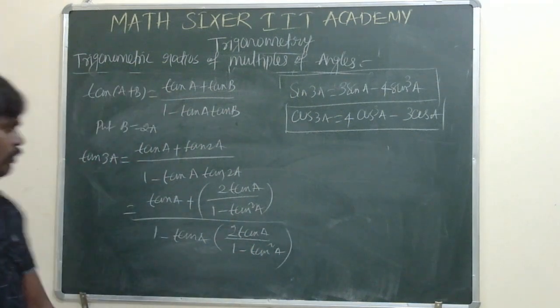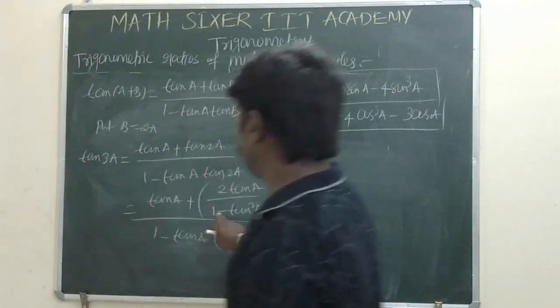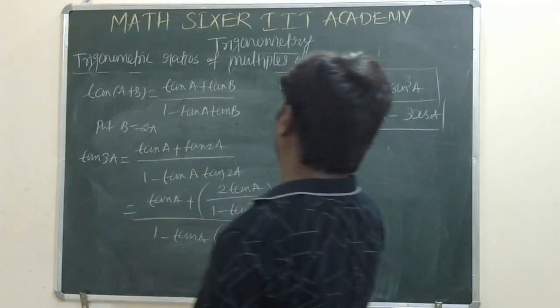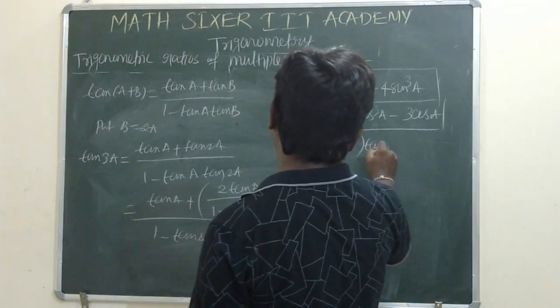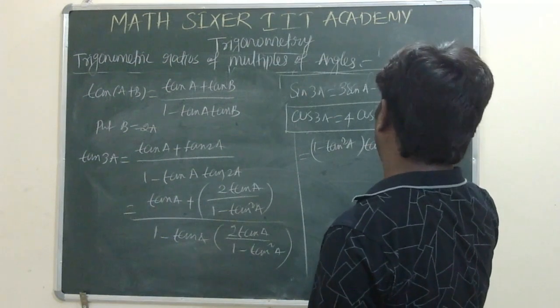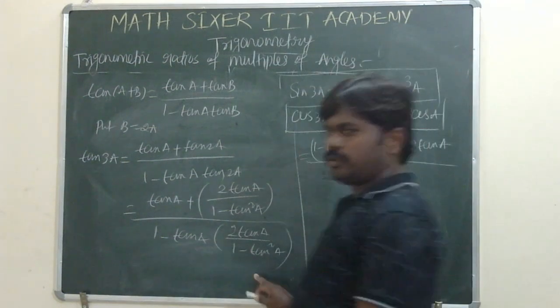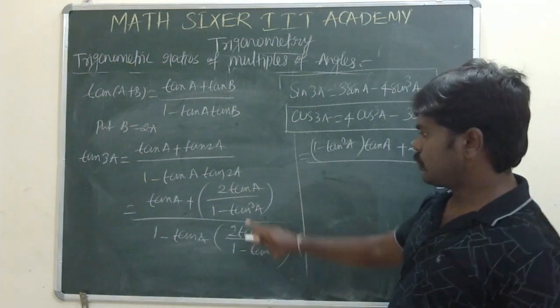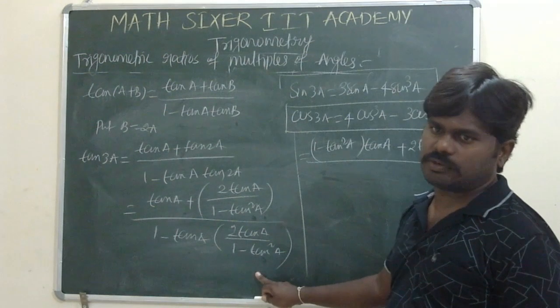Okay, so now in the numerator take the LCM. So here what is the LCM? 1 minus tan square a. So 1 minus tan square a into tan a plus 2 tan a, divided by, in the denominator the LCM is 1 minus tan square a. So the numerator LCM 1 minus tan square a and the denominator LCM 1 minus tan square a will get cancelled.